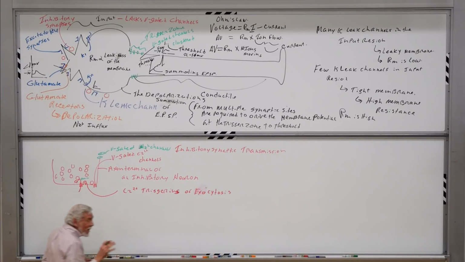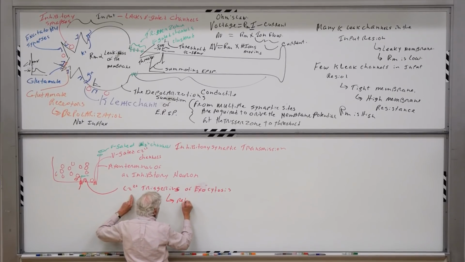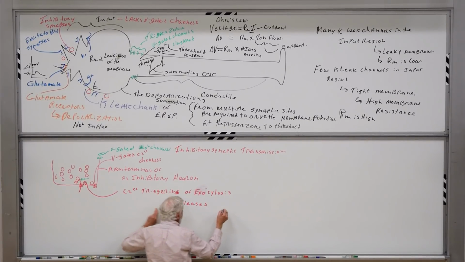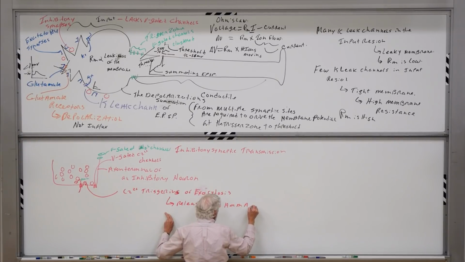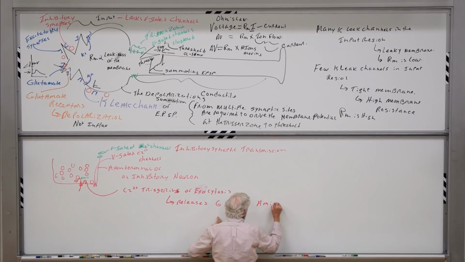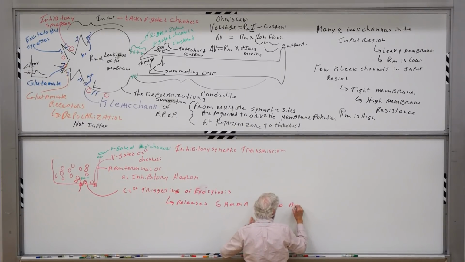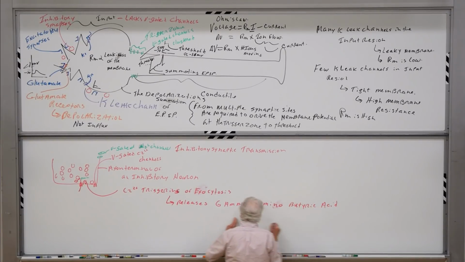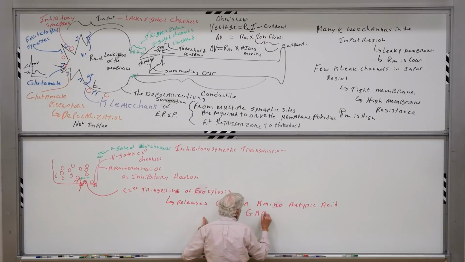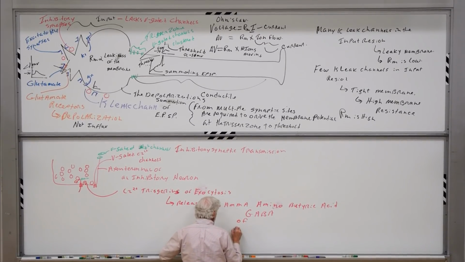Now this is where we begin to see some variation. At this point, the triggering of exocytosis now releases a new kind of neurotransmitter, either gamma-aminobutyric acid, which we abbreviate as GABA, or the amino acid glycine.